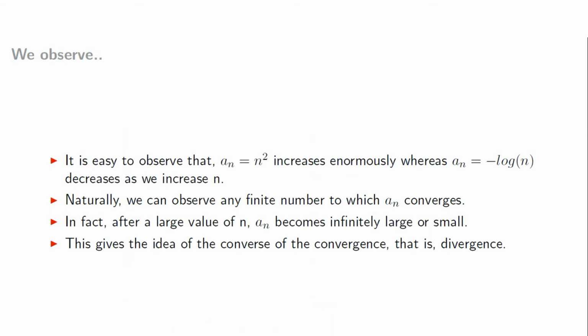So we find that a n equal to n square increases enormously, whereas a n equal to minus log n decreases as we increase n. Naturally, we can't observe any finite number to which a n converges. In fact, after a large value of n, a n becomes infinitely large or small. This gives the idea of the converse of convergence, that is divergence.